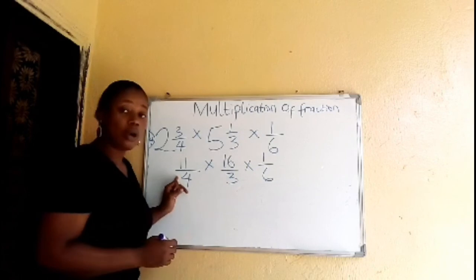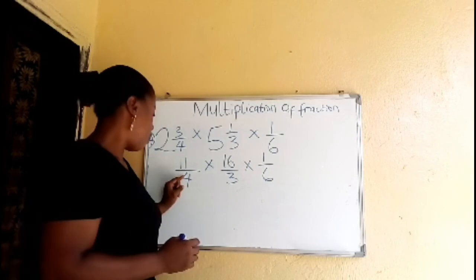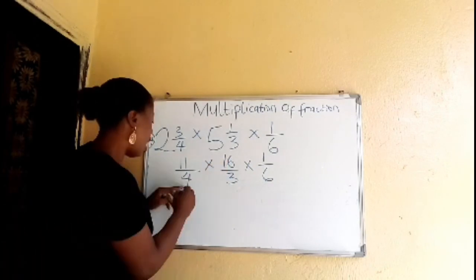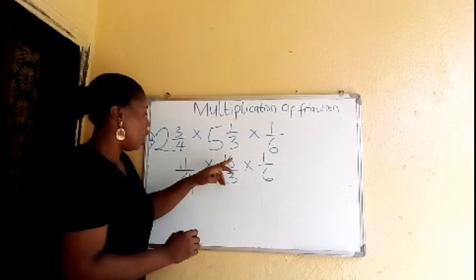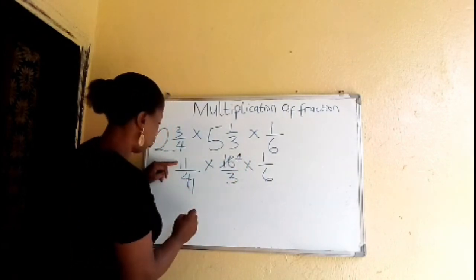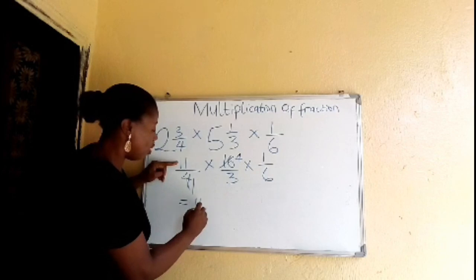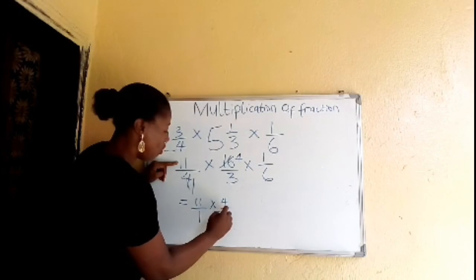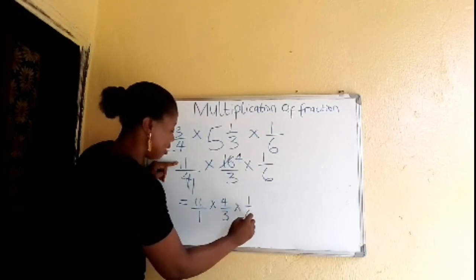So the only one we are going to divide is 4 and 16. How many 4 is in 4? It is 1. And how many 4 is in 16? We have 4. So in this work we have 11 over 1 times 4 over 3 times 1 over 6.